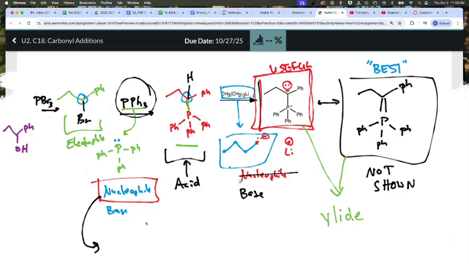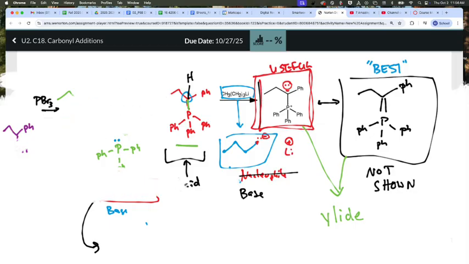Why else might we question the nucleophile characteristic? Big. Okay, it's big. And what are you talking about when you're saying it's big? Is it the phosphorus being big that you're complaining about? Yeah, that's what I would argue. So when we draw it out, you'll always see us just draw it out as Ph so that we don't have to go through all the detail.